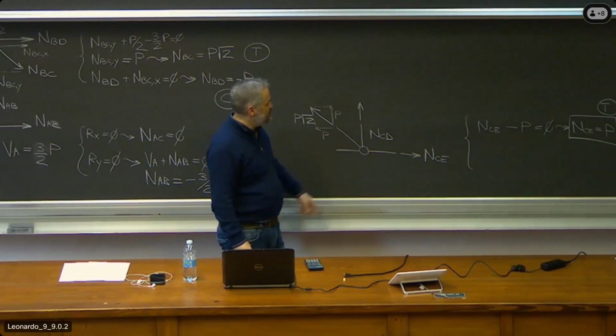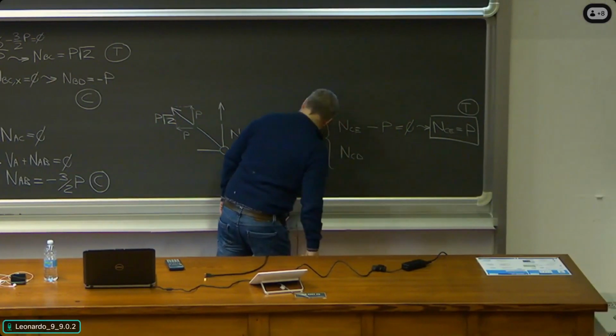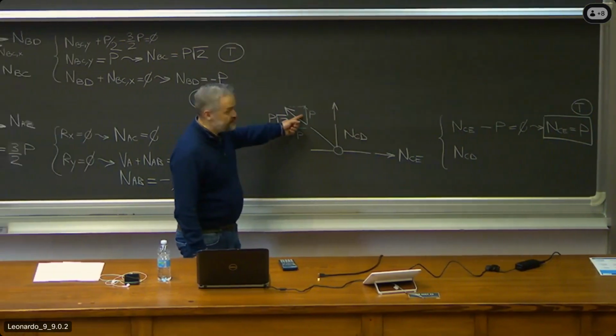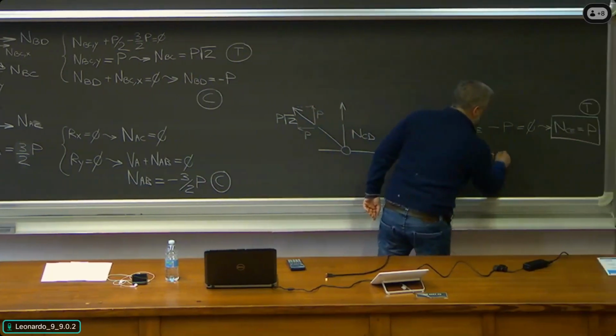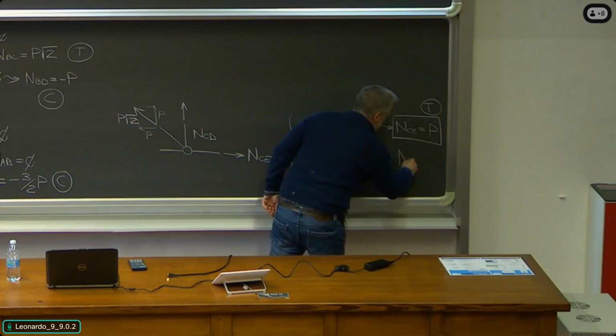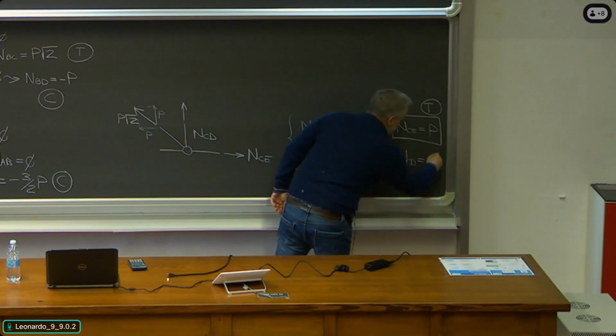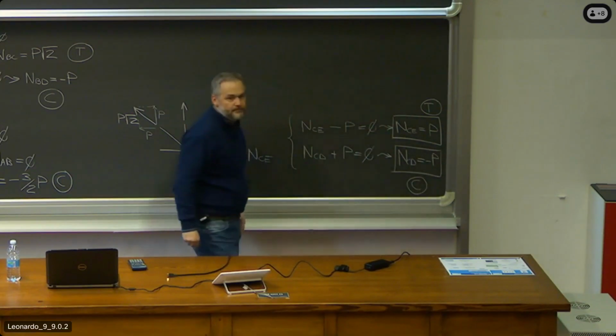Then we have NCD pointing upwards, plus P, because it also points upwards, equal 0, meaning we have NCD equal to minus P. And this is compression. Okay?